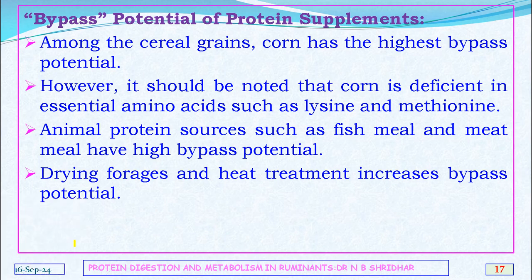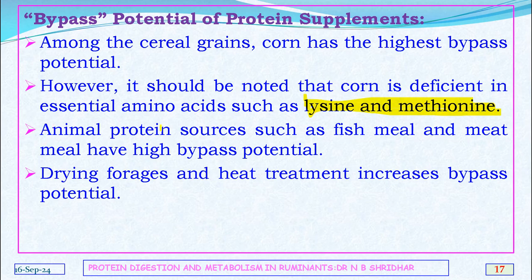So you have to know that corn is deficient in essential amino acids like lysine and methionine. Corn is a bypass protein, but whenever we supply corn, there is a chance of lysine and methionine deficiency. Hence, we need to supply another source of protein.